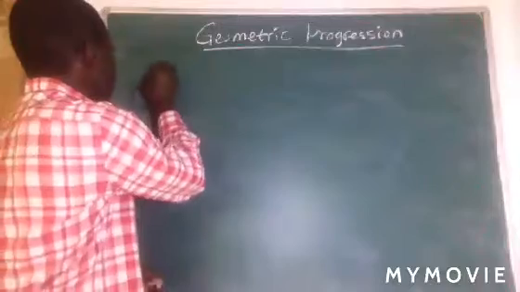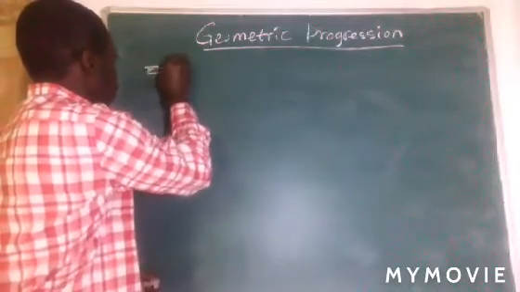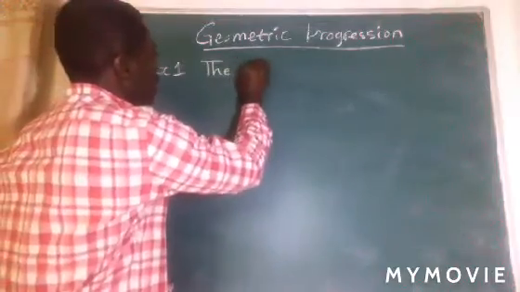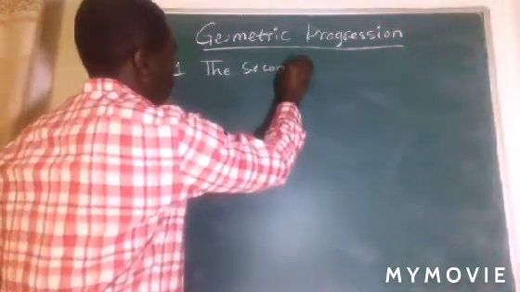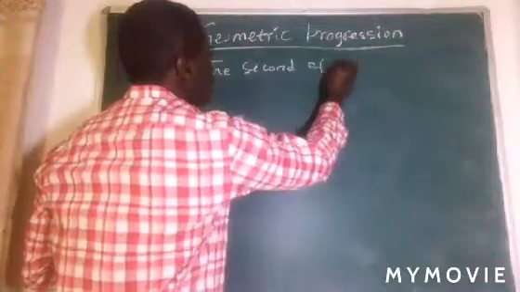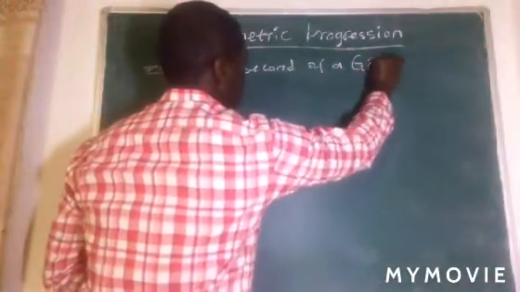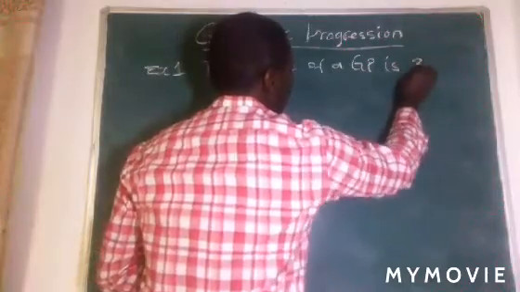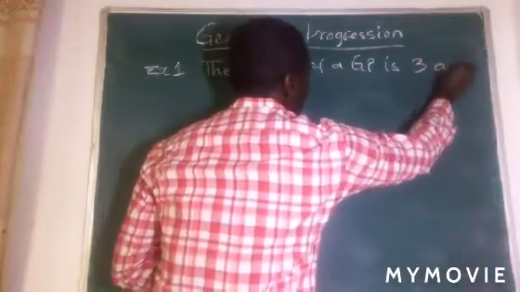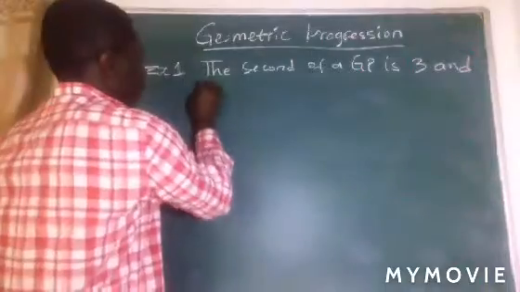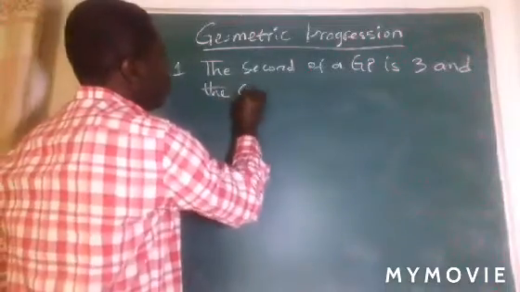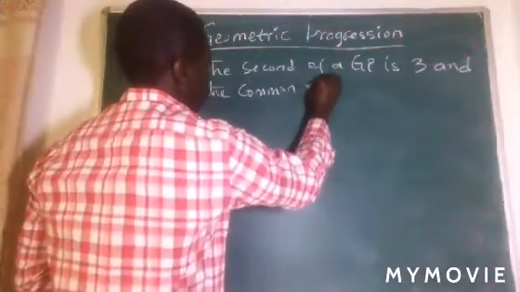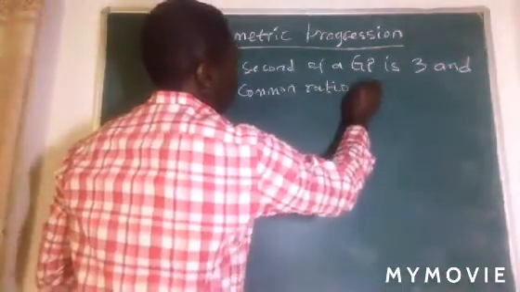Example 1. The second term of a GP is 3, and the common ratio is 2.